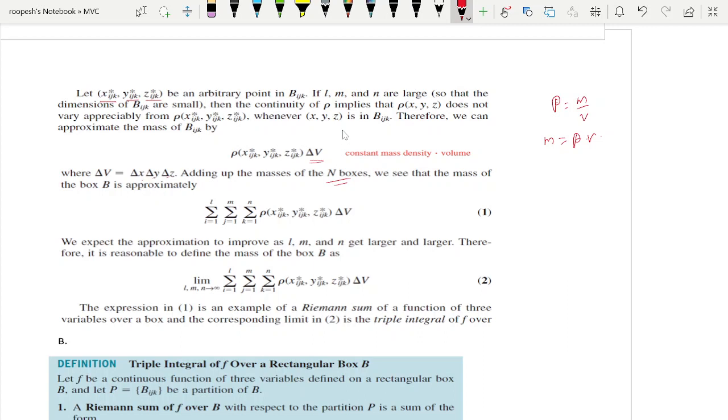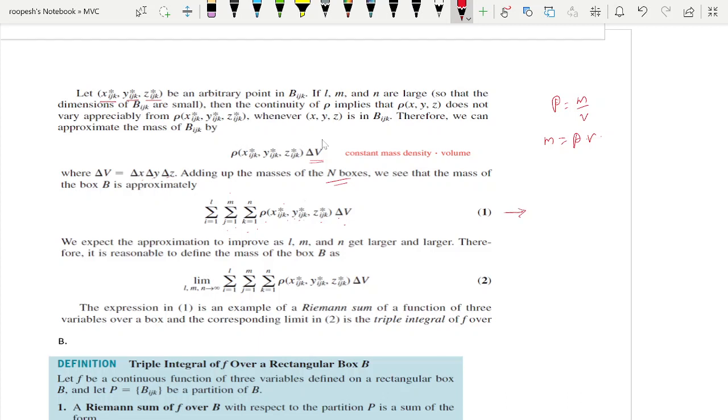In order to get the mass of the entire object, we should add up all these masses together. So it will result in the sum over i equal to 1 to L, j equal to 1 to M, k equal to 1 to N, of rho of xijk star, yijk star, zijk star into delta V. Now this summation is an approximation, right?